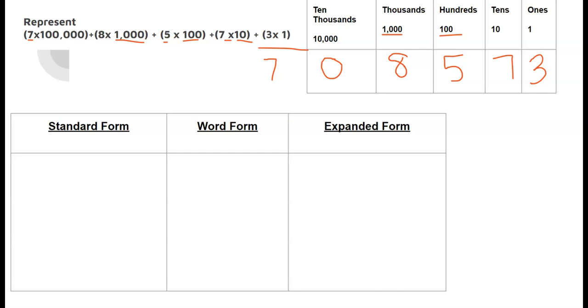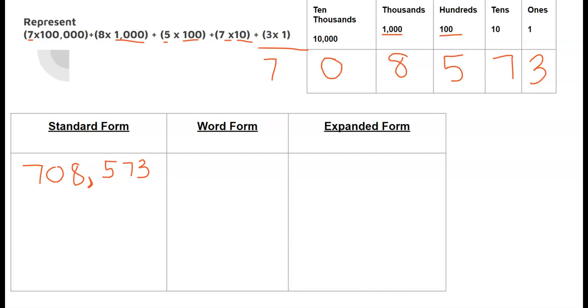So if I were to write this in standard form, this is going to be 708,000. So I'm going to mark a comma to say that I'm moving away from my thousands place. 573. So this is how I would write my number in standard form.